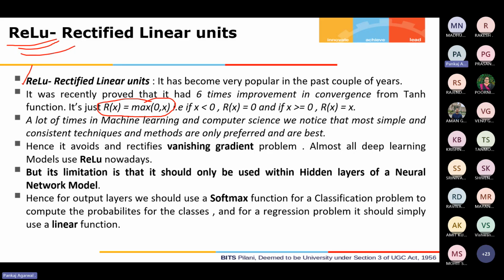If it is positive, it would result in x, obviously. If it is a negative value, less than 0, it would result in 0. If x is greater than 0, it would result in x.